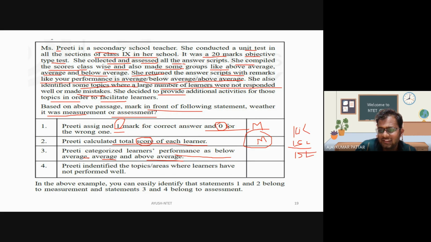Like that, they made certain categories based on this measurement. So that is the assessment. He assessed that these people are below average, these are above average, these are average students. This is based on those measurements.